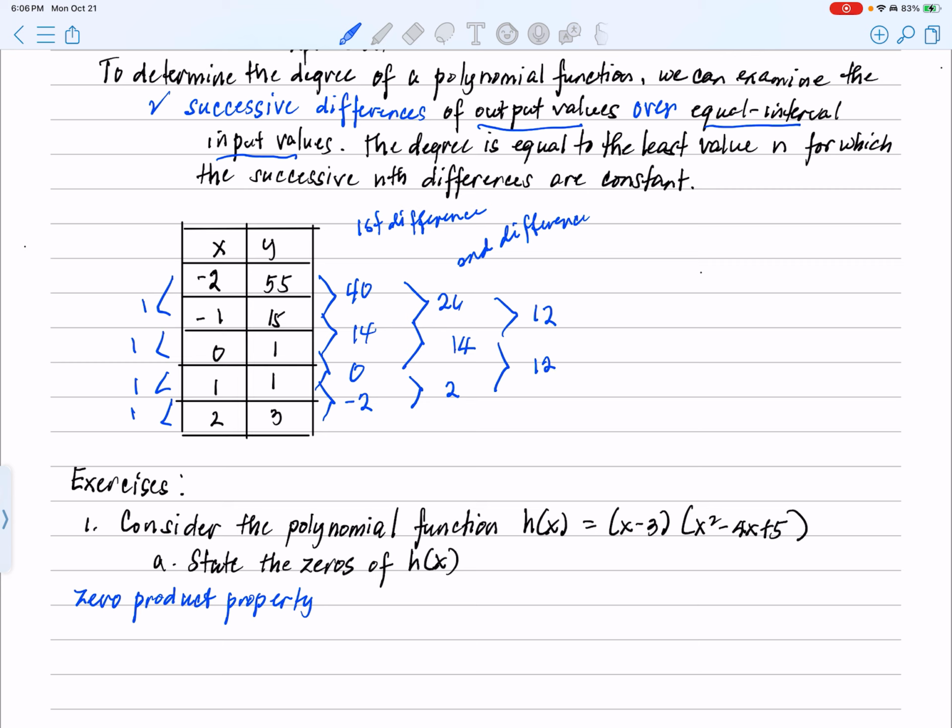So at last, in the third difference, which is subtracting the consecutive second differences, we are able to get a constant, all the same number, 12. Because the third differences are the first to be constant, the degree of the function is 3.